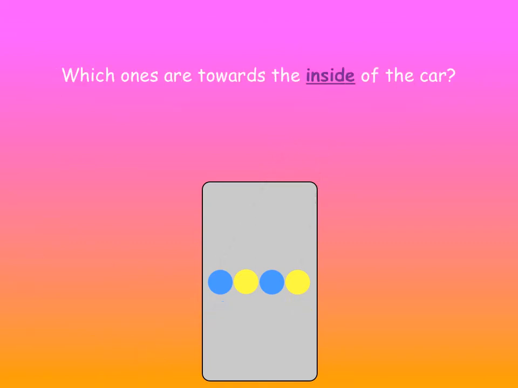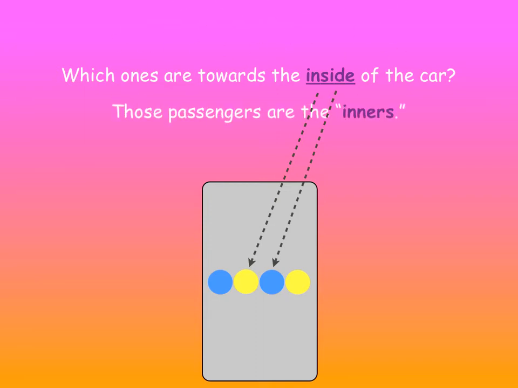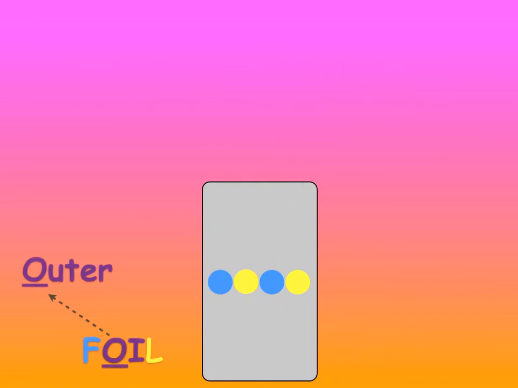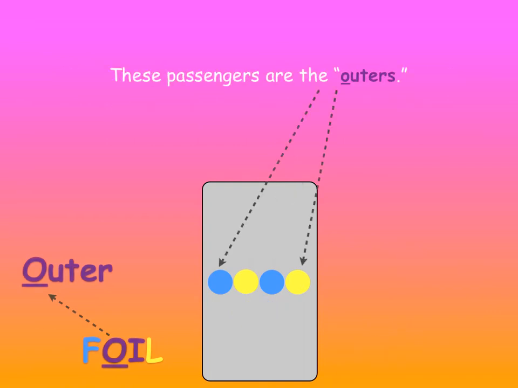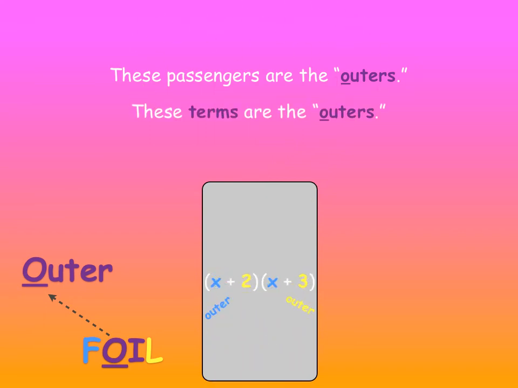Which ones are toward the inside of the car? There they are, the ones in the middle. Those passengers are the inners. That's the I from FOIL. Inner. These passengers are the outers, and these terms are the outers.